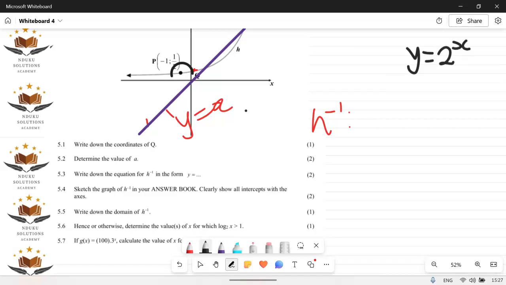Remember, we found the value of a as 2. So we're going to change positions. Wherever you see x, you see y. Wherever you see y, you see x. So they are swapping. That's you reflecting across y is equal to x. That's what we actually learned in grade 9. And then we have to make y the subject of the formula.